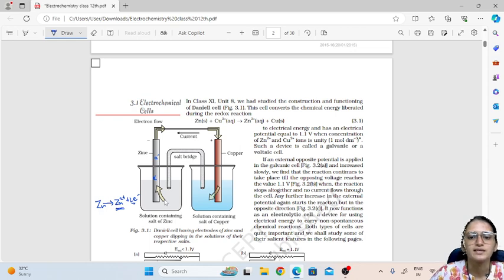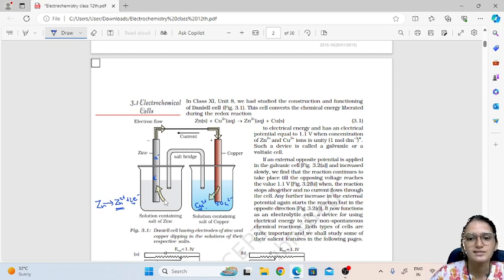Now what happens in the copper sulfate solution? In that solution we have two types of ions, one is Cu2+ and the other is SO4 2-. Cu2+ means copper has lost 2 electrons. If this Cu2+ ion gets electrons from somewhere, it will accept them and form stable copper.